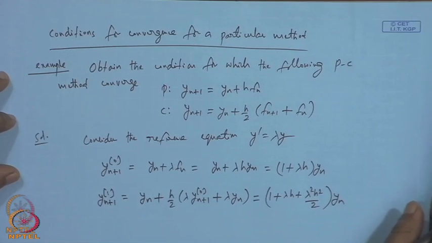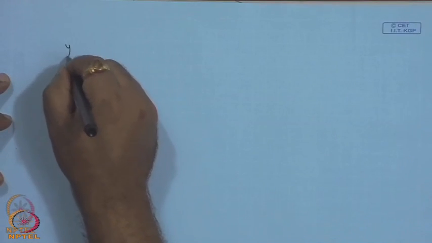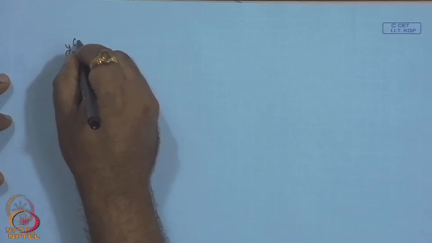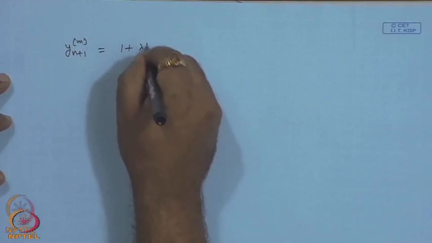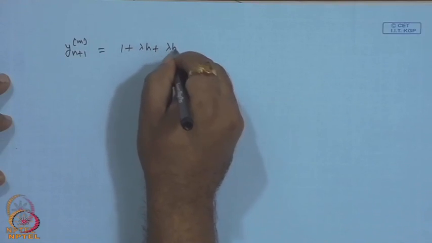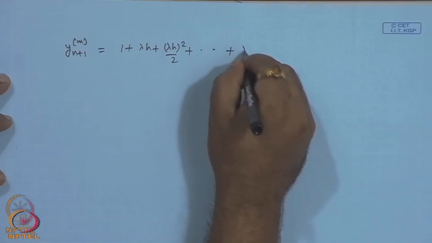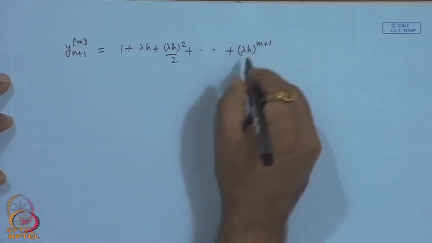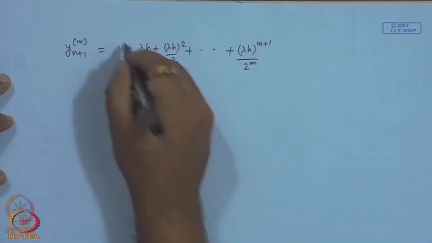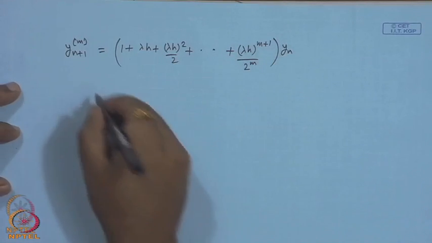Suppose we continue the process. Okay. That means one can easily show, if you continue, we get this.